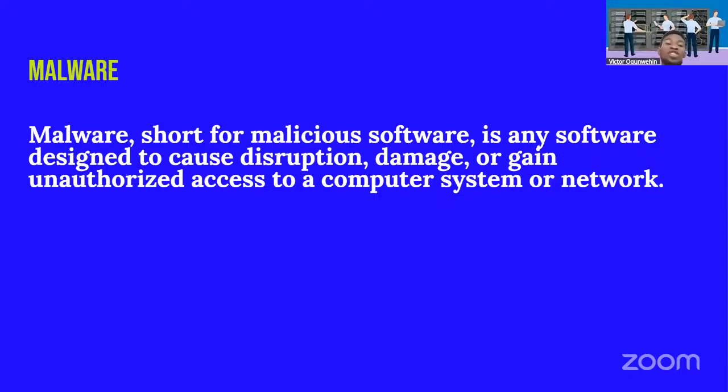Nobody designs or develops something accidentally, so they are most times deliberate. Some people do that. We call them hackers. Do you get it? So any software designed to cause disruption, damage, or gain unauthorized access to a computer system or network is called malware.